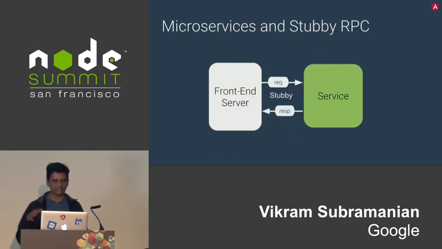So just to give some background of how web applications are built inside Google, you can think of a loose microservices architecture with different services talking to each other using a low latency RPC mechanism called Stubby. In case of a front-end server, it might be querying different back-end services using Stubby, and this way you can have different aspects of your applications handled by different microservices.